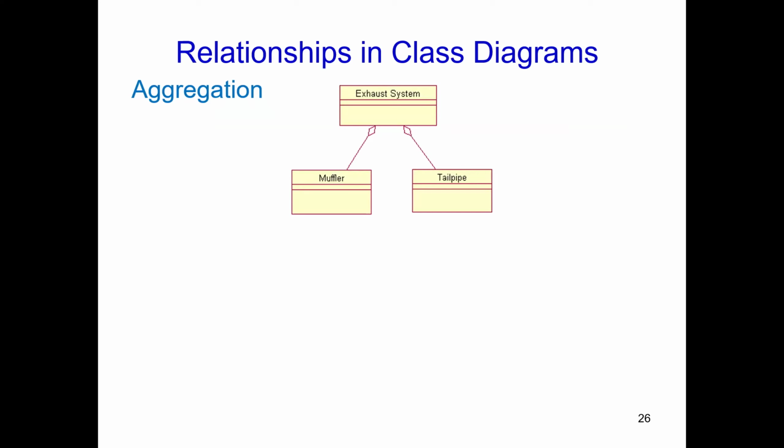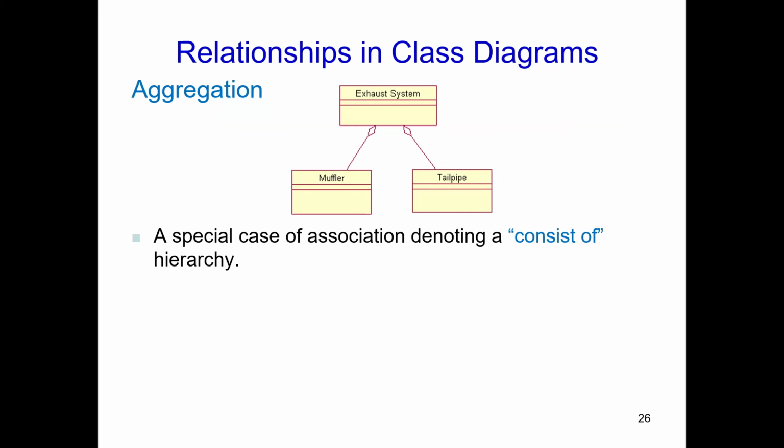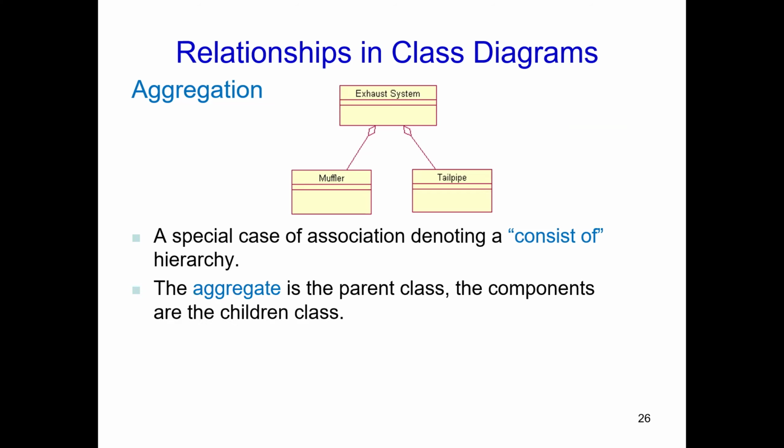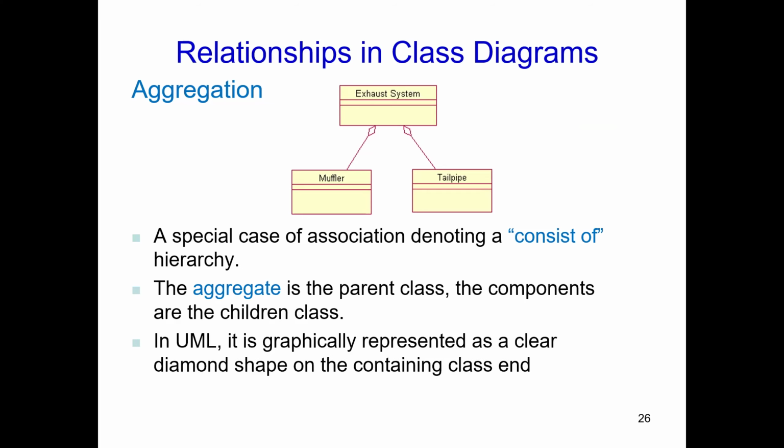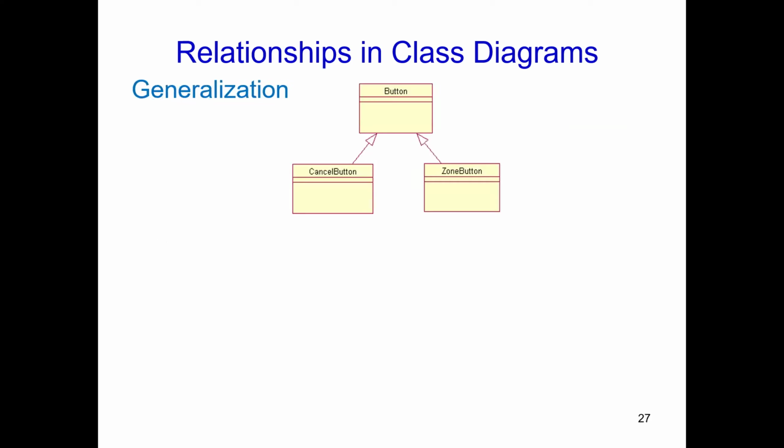You need the tailpipe and the muffler to combine them. You create the exhaust system. This is a special case of association denoting a consists of hierarchy. The aggregate is the parent class. The components are the children class, and is graphically represented as a clear diamond shape, as you can see there.